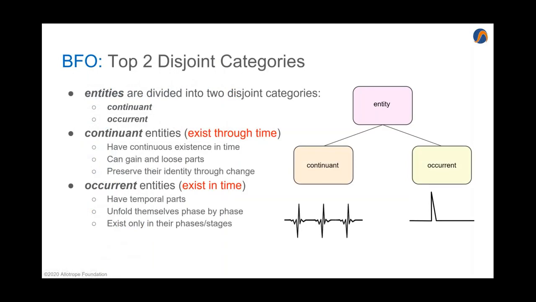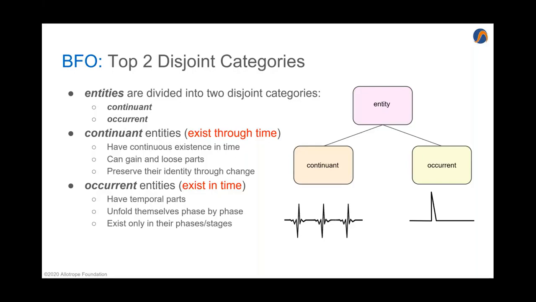Now entities are divided into two disjoint categories, continuant and occurrent. Continuant entities exist through time, occurrents exist in time. Again, the first one, continuant entities exist through time, the occurrents exist in time. The continuants have continuous existence in time, can gain and lose parts, and preserve their identity through change.